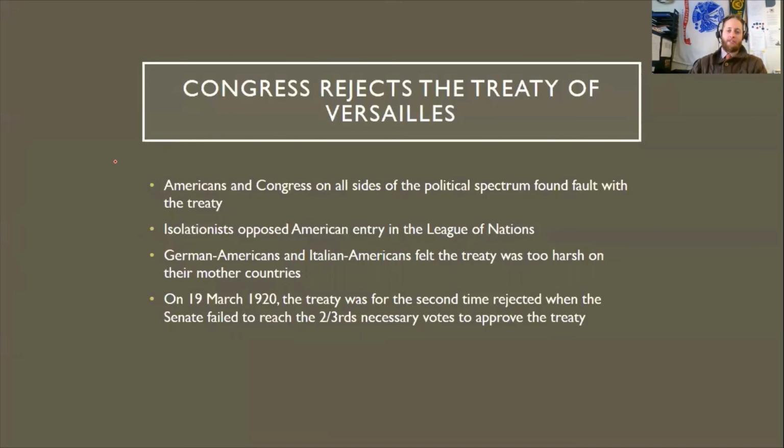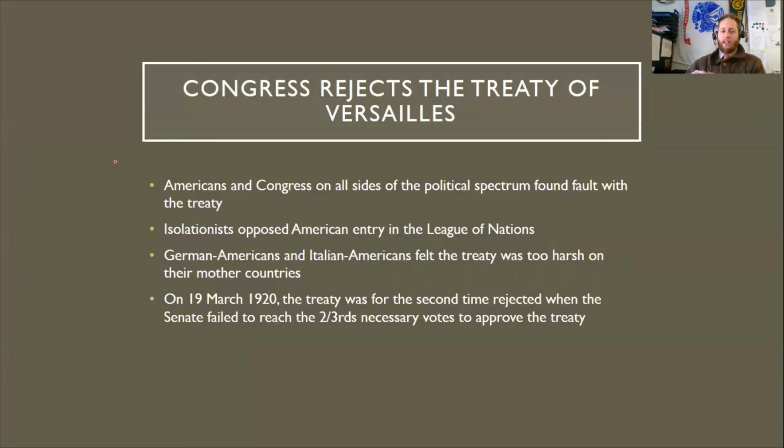Isolationists oppose entering the League of Nations because joining the League of Nations would obligate the United States to help support other members of the League if they're attacked by enemies, or to be overly involved in international disputes, which isolationists are like, no, we're the United States, we need to stay over here. We need to listen to what George Washington said when he said to avoid entangling alliances, and this League of Nations is very much an entangling alliance.